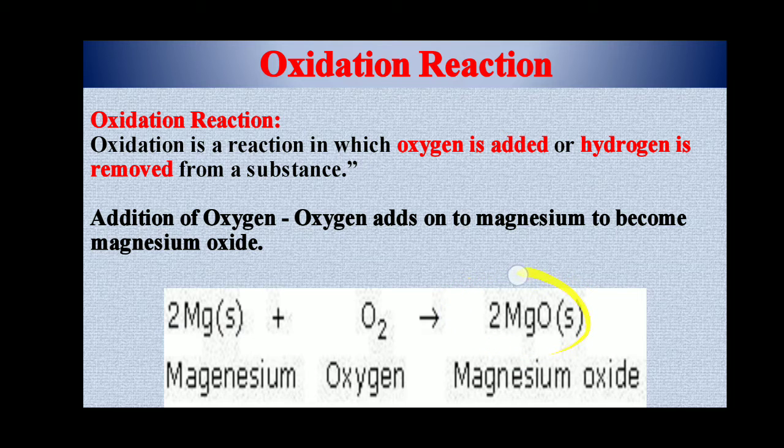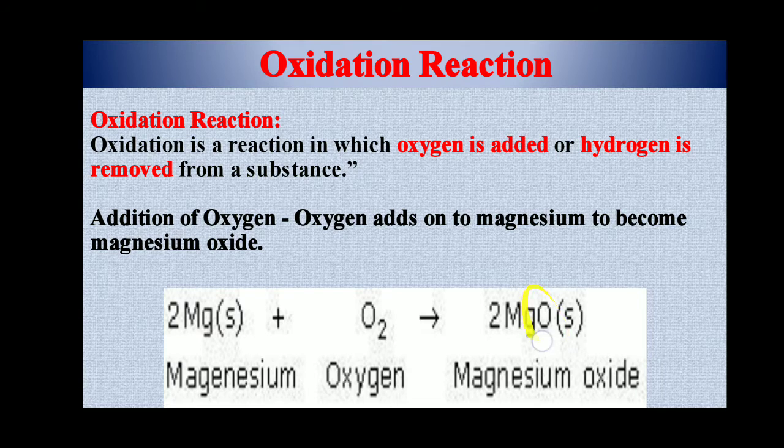Clearly you can see here in the reactant there is only magnesium, that is Mg, and here MgO, that means oxygen is added to magnesium, and that is why it is an oxidation reaction, on the basis of addition of oxygen.